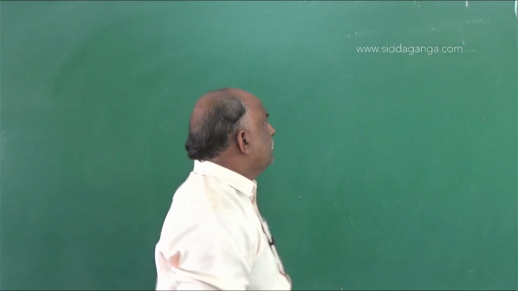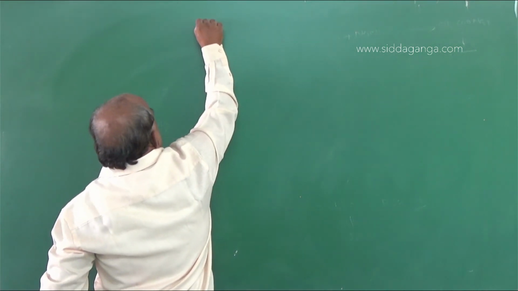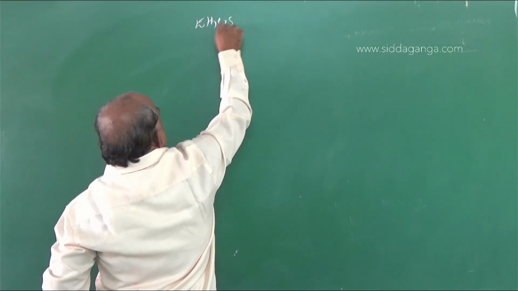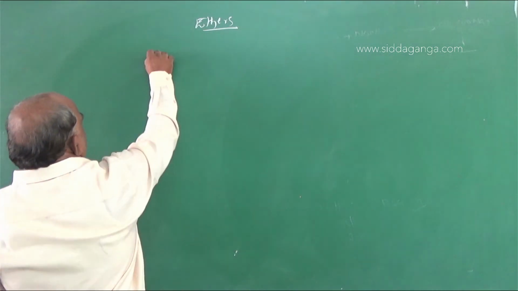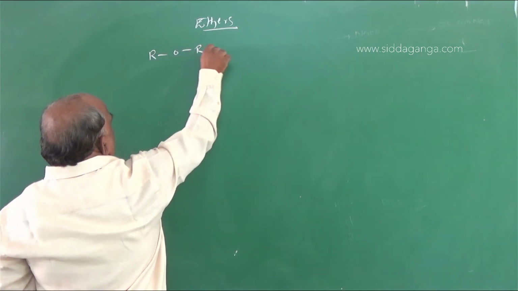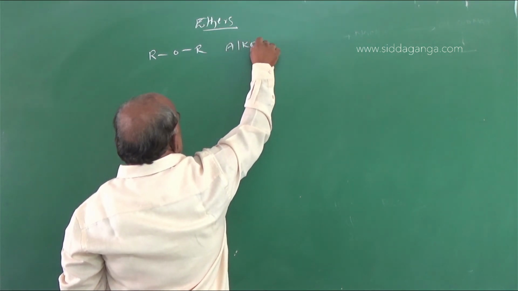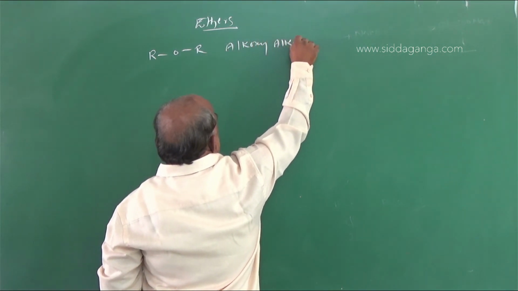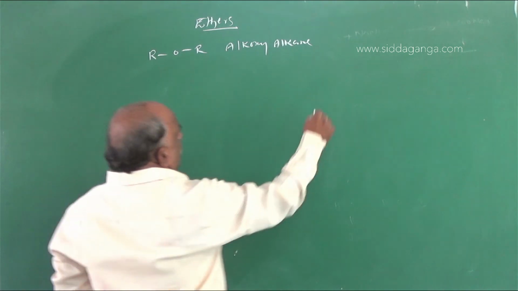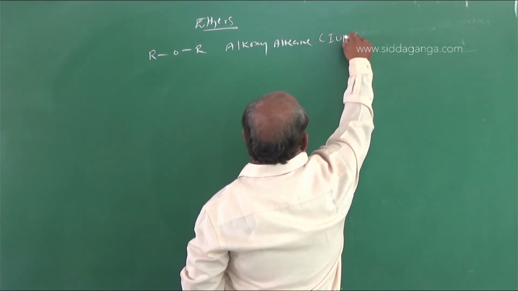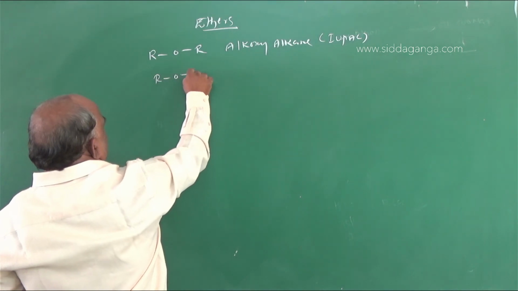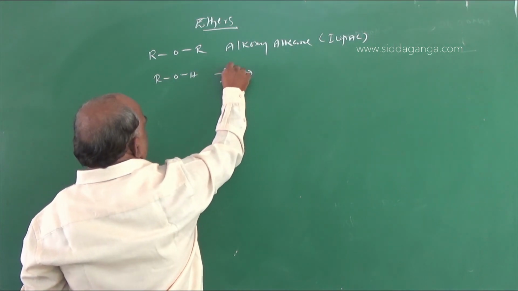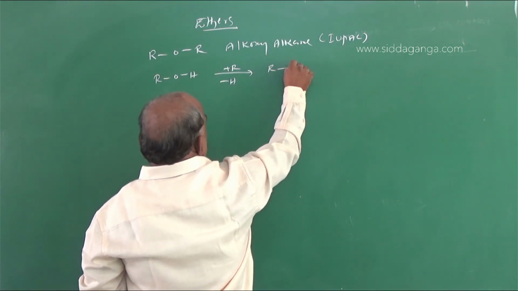And next is ethers, the last one. This is the end of the session. Ethers, simple ethers: the functional group is ROR, alkoxyalkane in IUPAC. So we know that ROH minus H plus R gives ROR.